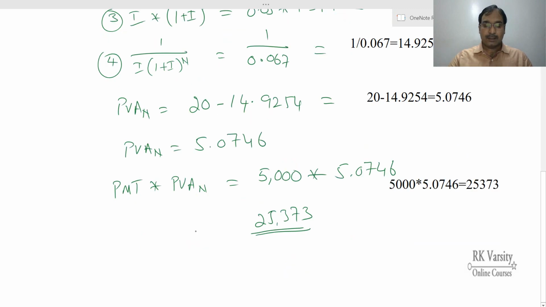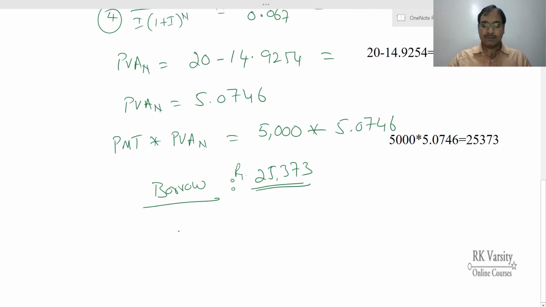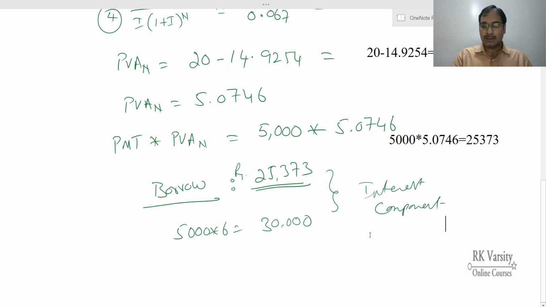So that means you can borrow 25,373 rupees today, so that in 6 years you will make equal payments of 5,000 times 6, which comes to 30,000, and the difference between these two is the interest component. That is 30,000, the amount that you pay in the 6 years, each year 5,000, minus 25,373, the amount that you borrowed from the institution.